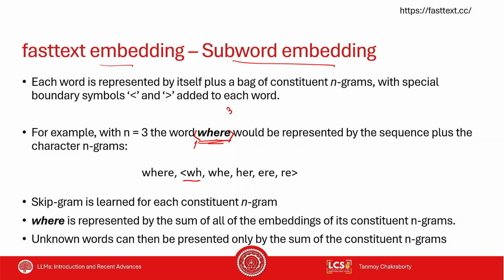So you have these as 3-grams, character 3-grams, and the word itself. So for every word, I have a set of subwords, that word itself, and the other character n-grams. Once we have it, I will just run the skipgram.